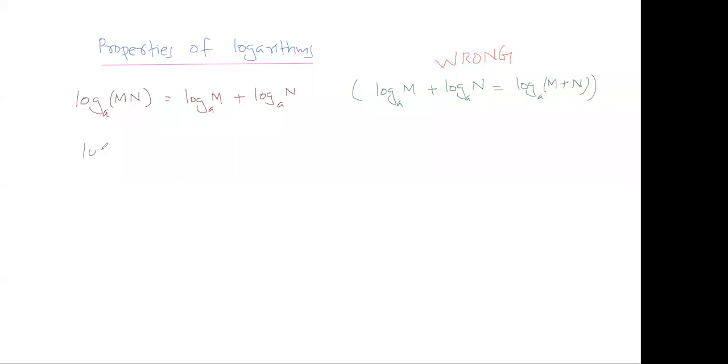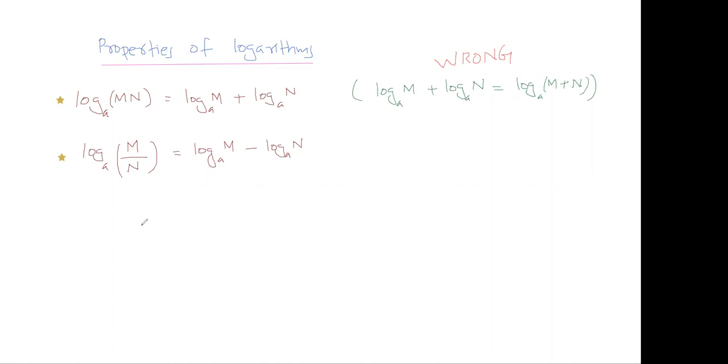Similarly, logarithm of a quotient m divided by n is the difference of the logarithms. So, very important properties: logarithm of a product is the sum of the logarithms. Logarithm of a quotient is the difference of the logarithms.